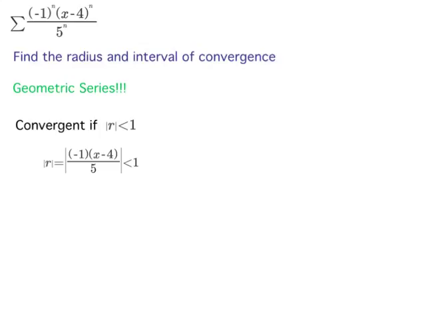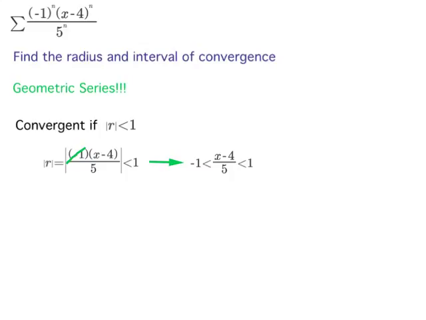I can just disregard that -1 because of the absolute value bars; it's not going to have any effect. So I have the absolute value of (x - 4)/5 less than 1. For an absolute value to be less than 1, the values need to range between -1 and 1, so (x - 4)/5 has to be between -1 and 1.